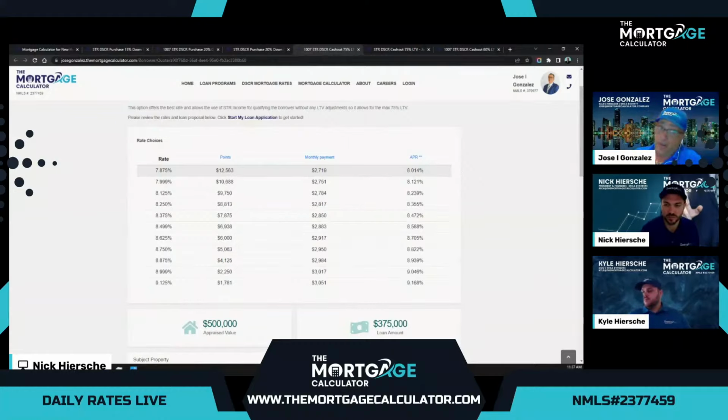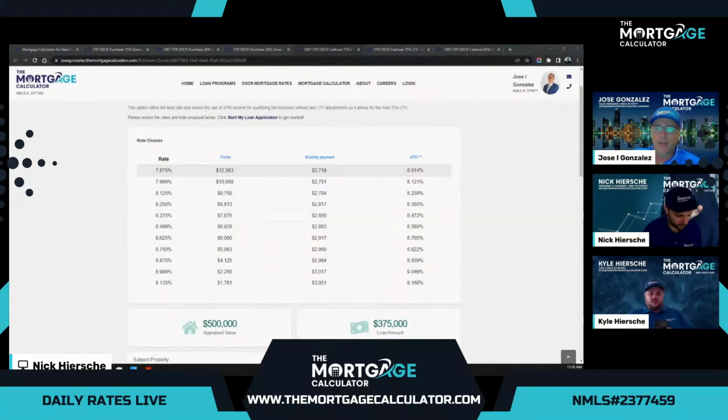With this one, it would be 1007 long-term rent, and/or using the 12 months activity, either or, to arrive at a figure. But you see, we've got 9.125 as the rate we're talking about here.